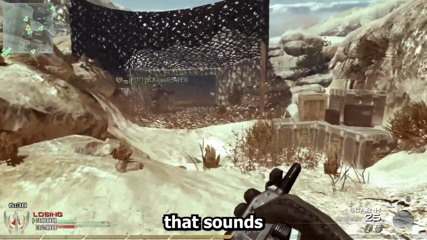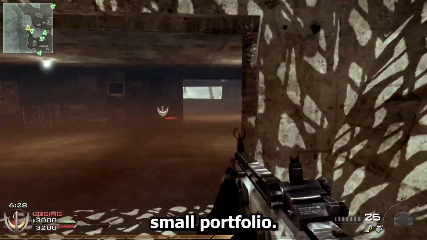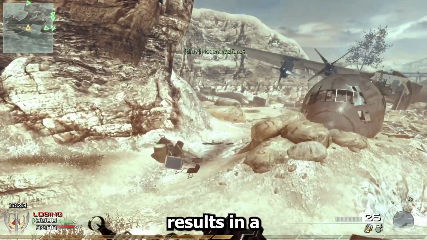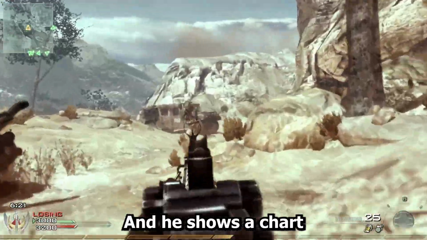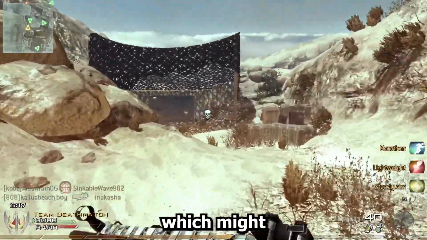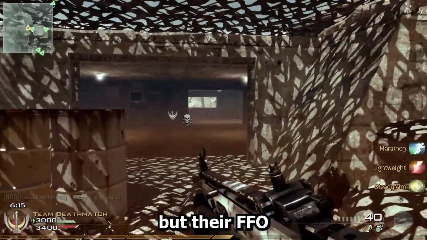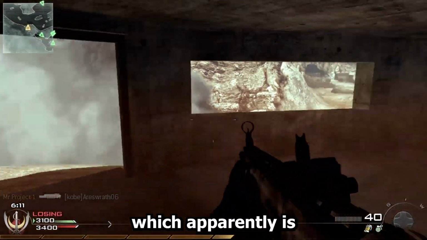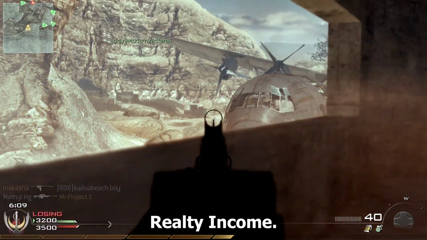I know that sounds silly, but it's actually a small portfolio, so pretty much every acquisition they do right now results in a lot of growth. He shows a chart from 2013 to 2023, which might be some slight cherry picking, but their FFO has CAGRed about 16%, which apparently is 3 times faster than Realty Income.